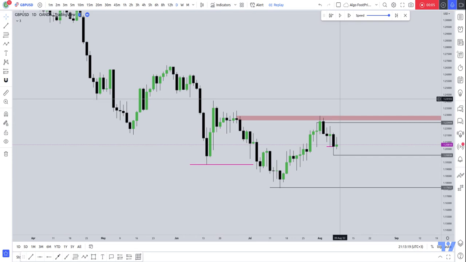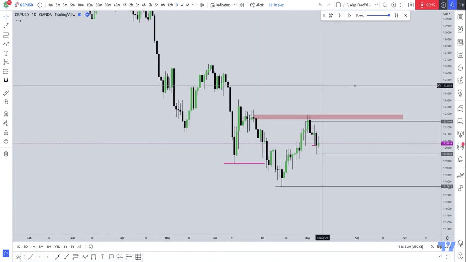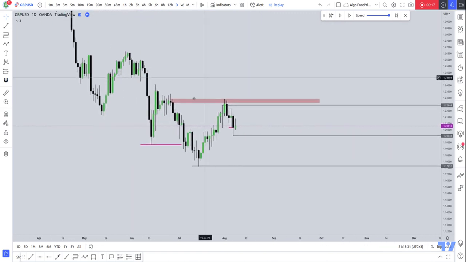So, this is a quick review on the trade I had yesterday during the London session on the GBPUSD. So, basically, as you can see, price has been breaking market structures. We had a break of market structure right here.